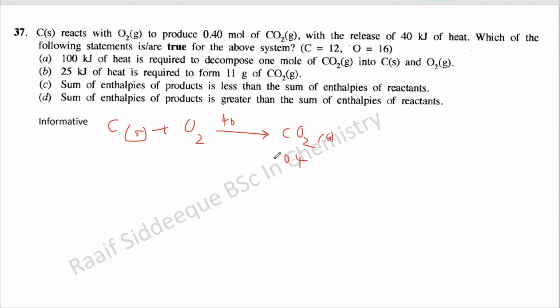So when you see this question, carbon and oxygen and CO2 are in a 1 to 1 to 1 ratio. There is 40 kilojoule that is given out.